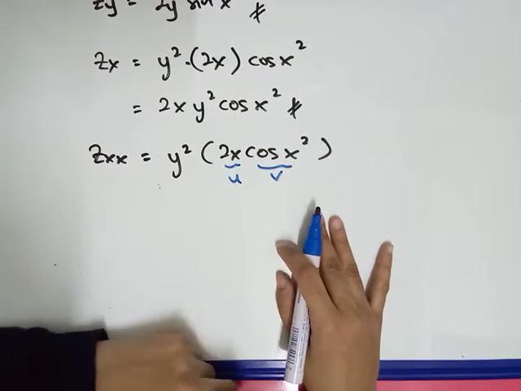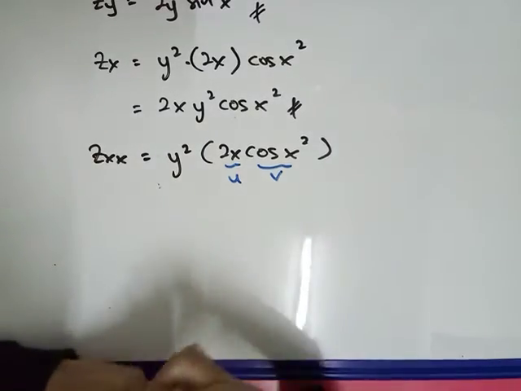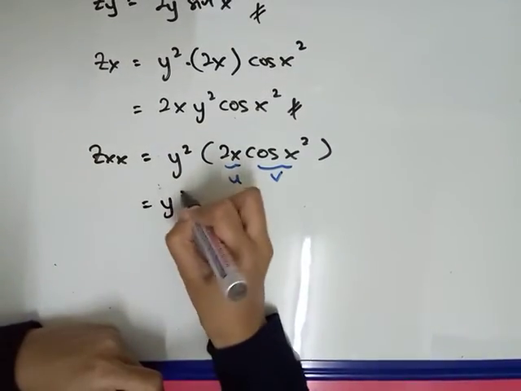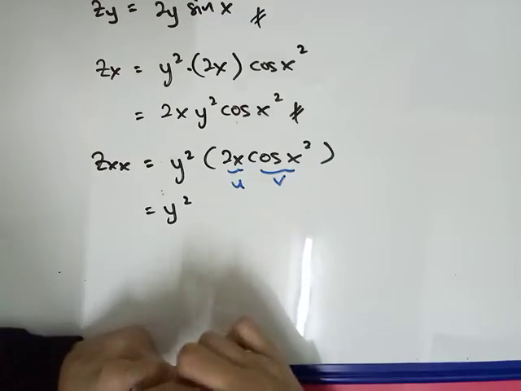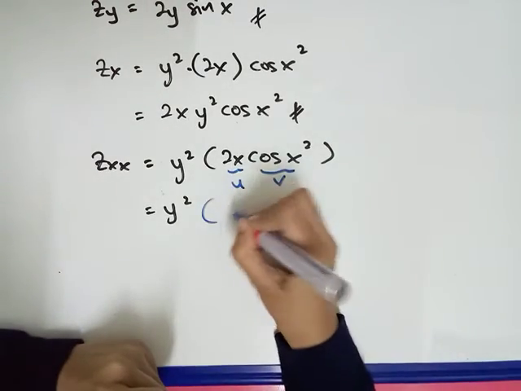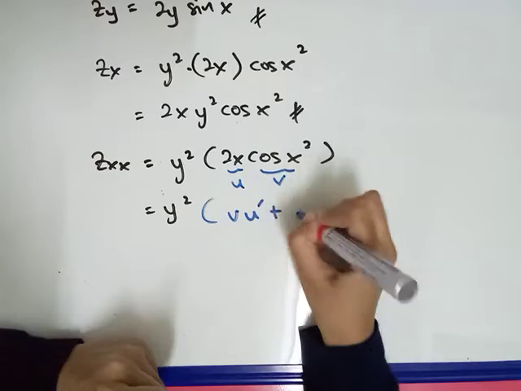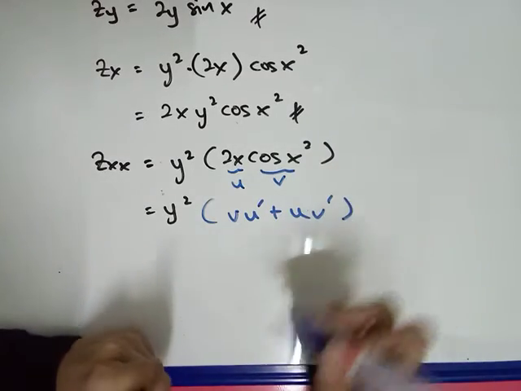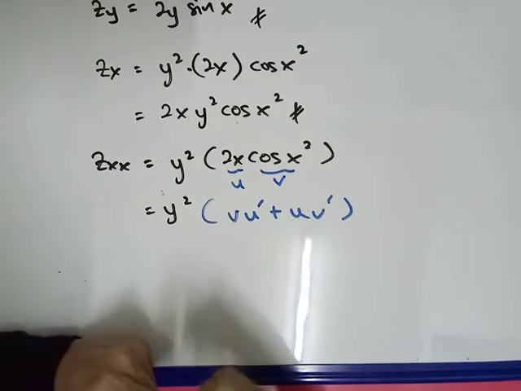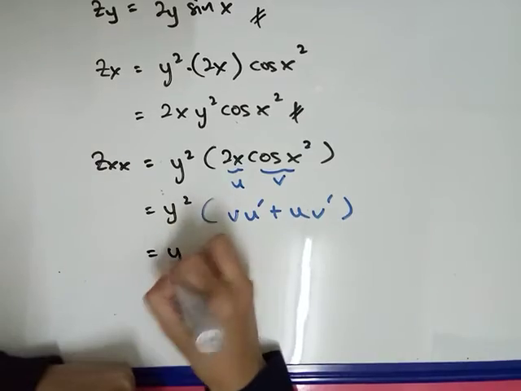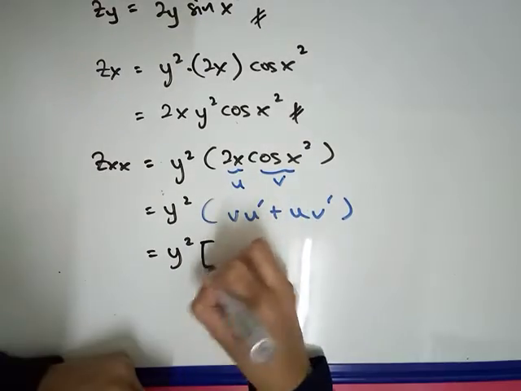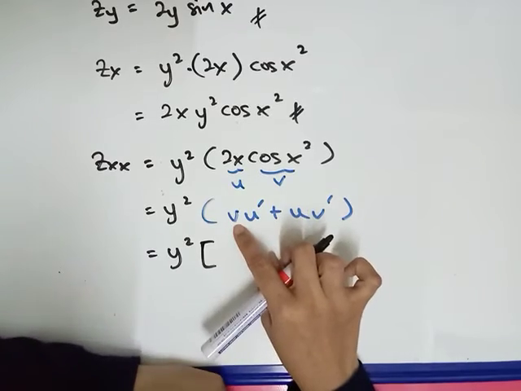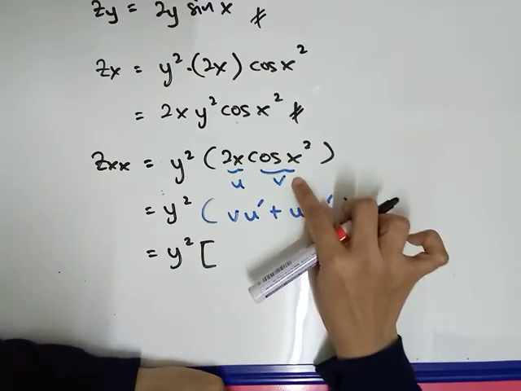What is the formula for the product rule? v u prime plus u v prime. Y squared is fixed, and then you need to differentiate using the product rule. V is cos x squared.